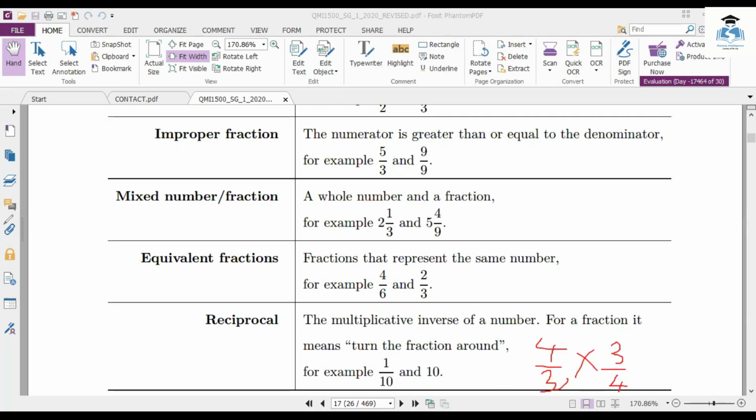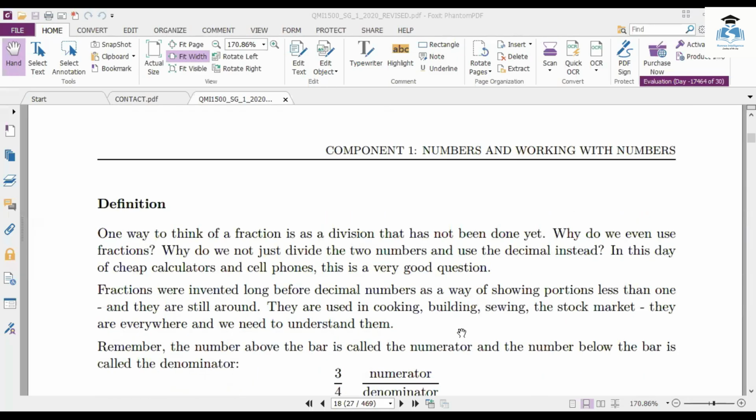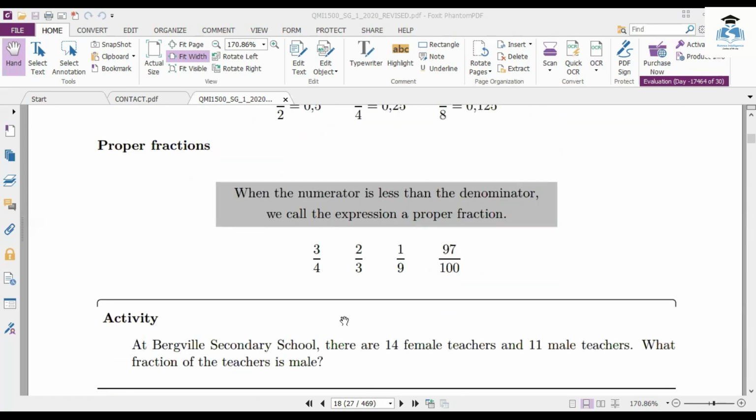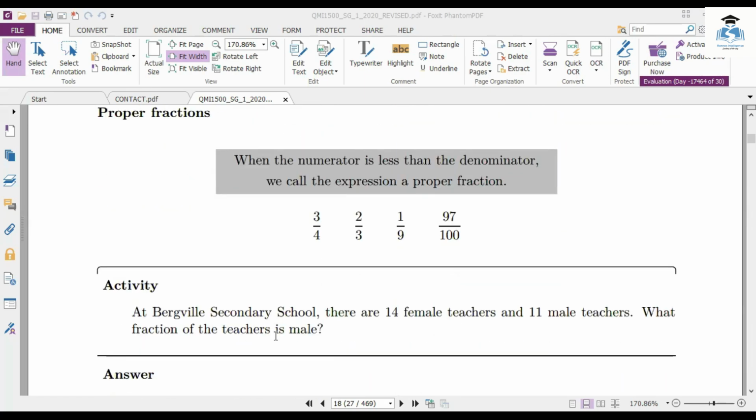And the product of reciprocal numbers will always be 1. So this times this will give you 1. Nothing much.